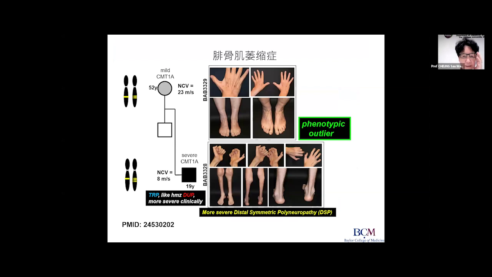When we examine their phenotype, you could see that with 3 copies, the hands and legs are affected, but when it's 3 copies, you could see that it's more severe.